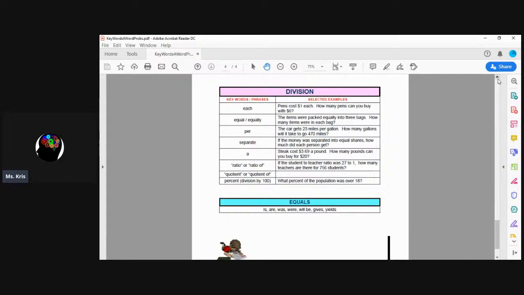Well, if I divided 21 items equally into 3 bags, I know that I should have 7 items in each bag because 21 divided evenly into 3 is 7. So 7 items were in each bag.